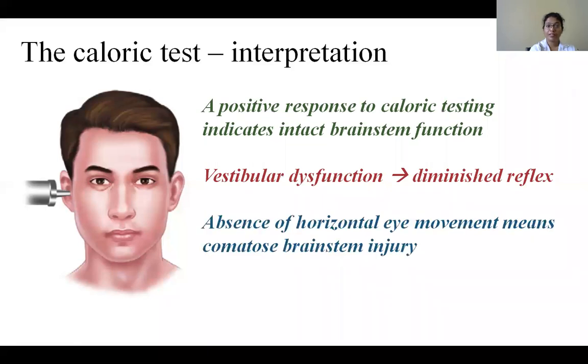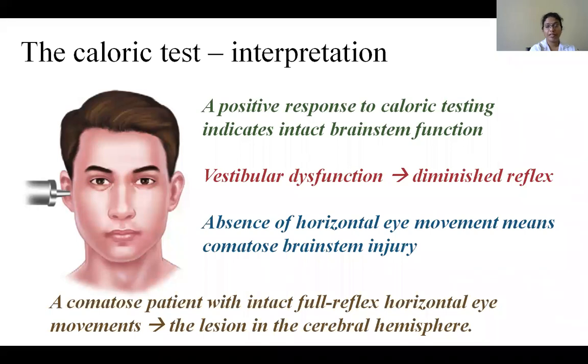Whereas absence of horizontal eye movement means there is comatose brainstem injury or brain death. Whereas in a comatose patient, if you get this intact full reflex horizontal eye nystagmus, it means that the lesion is at the level of the cerebral hemisphere. So this is how we interpret the caloric test.